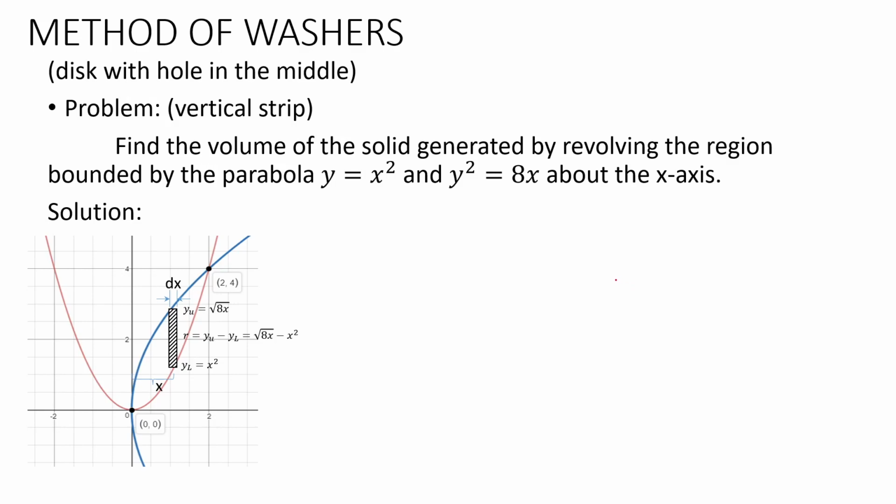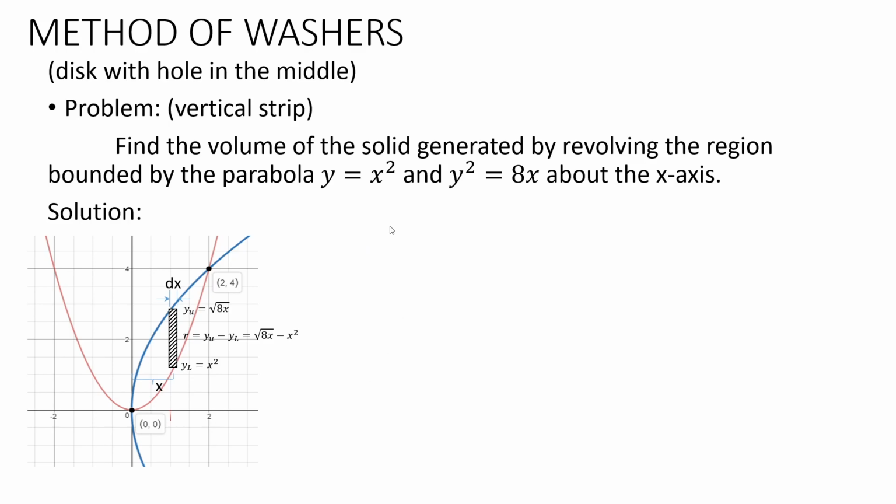So let's now go to the method of washer. Notice that this one is a washer because if you take the disc, it has a hole, because the bottom part is not touching the axis of rotation anymore. Here is our drawing.